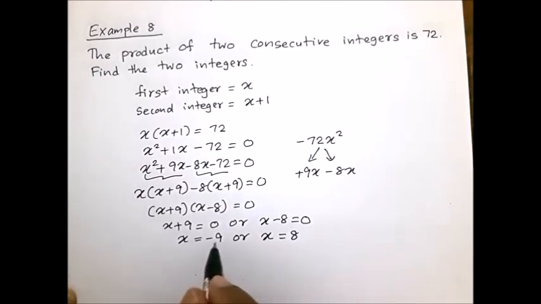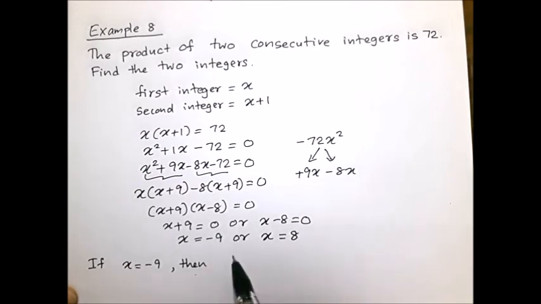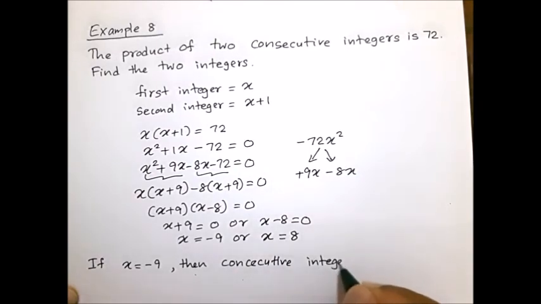If you take minus 9 as the first integer, if x equals minus 9, then what is the consecutive integer? The consecutive integer is x plus 1. You have to add 1 here. Minus 9 plus 1 is minus 8.